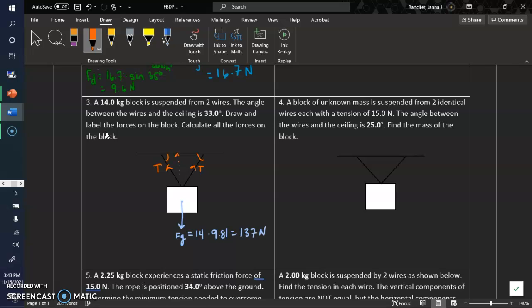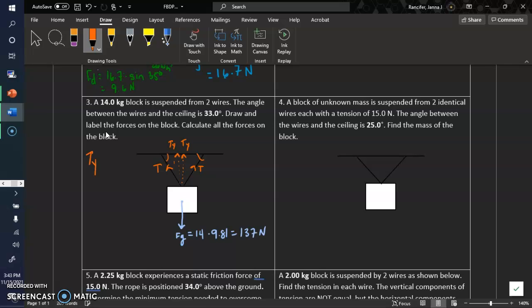The vertical components of these 2 strings, of the 2 tension forces, will equal the total weight of the object. So I'm calling this Ty. That's for the vertical component of the tension forces.